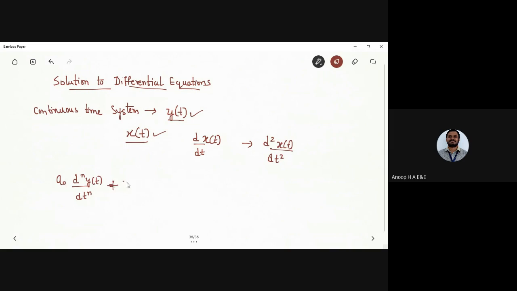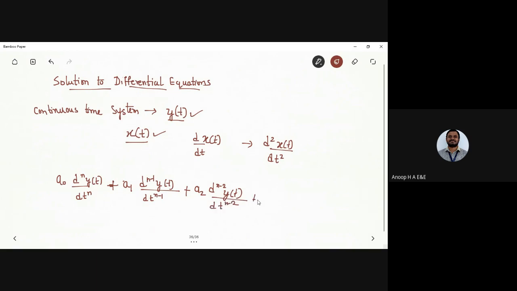So plus a1 d power n minus 1 y of t divided by dt power n minus 1, plus a2 d to the power n minus 2 y of t divided by dt power n minus 2.